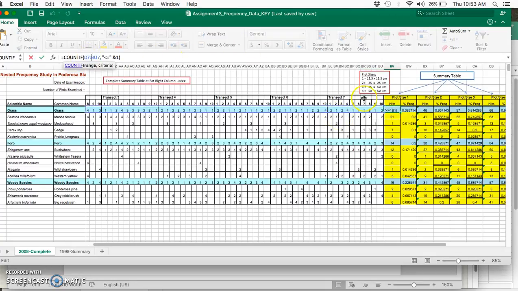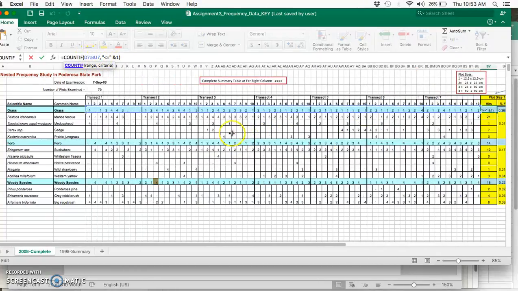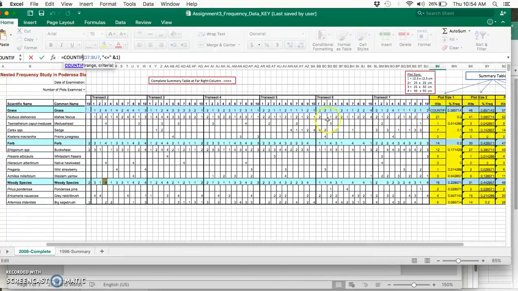So I'll just explain what's going on here. We started with the COUNTIF command, which most of you guys used for your frequency calculations, and it was what was suggested in the assignment as well as the instructional video. So COUNTIF, and then we highlight D7 through BU7, which is all of our grass data.